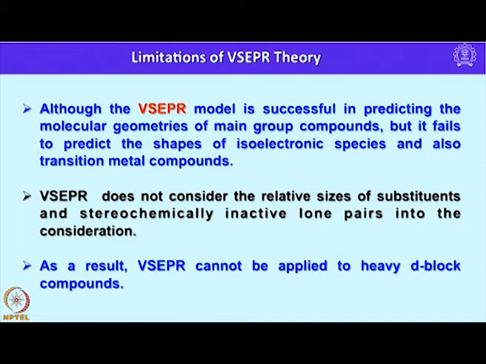That means when we have isoelectronic species and also when we are considering transition metals where we have inactive lone pairs, VSEPR theory does not give the right geometry and shape for those molecules. Another limitation of valence shell electron pair repulsion theory is that it does not consider the relative sizes of substituents, and as I said, stereochemically inactive lone pairs into consideration.